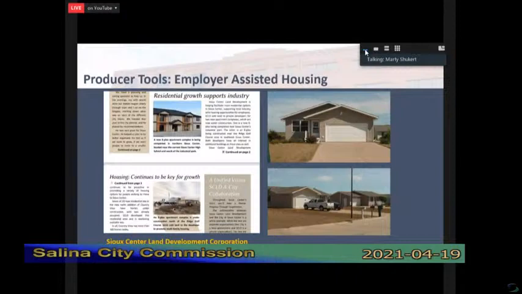And now they're using this capital pool that they have, as you can see in this article, to build some multifamily as well, because that's really where increasingly the need is. So this kind of employer-assisted housing, I think, is something that really should be part of our strategy for Salina, and it needn't be grant-based.